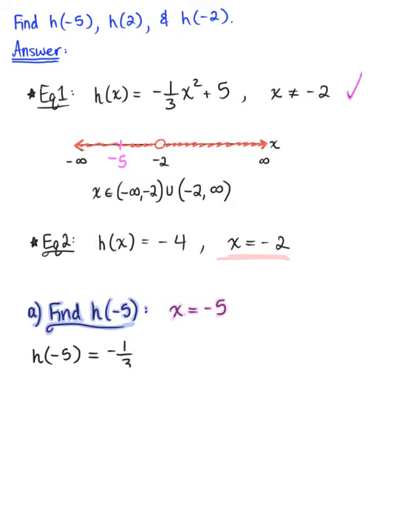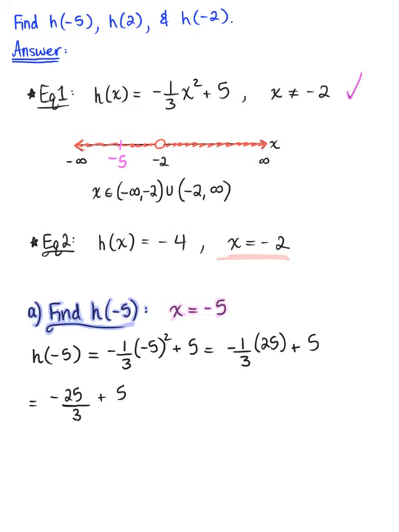So that is negative 1/3 multiplied by negative 5 squared plus 5. So this is minus 1/3. Negative 5 squared becomes 25, plus 5. So let's rewrite this so we can easily find that common denominator. We have minus 25 over 3 plus 5.